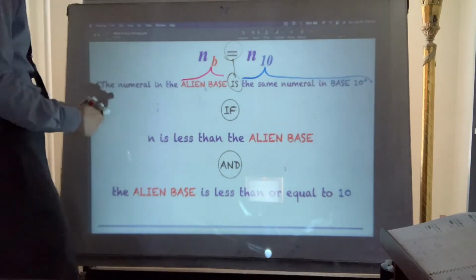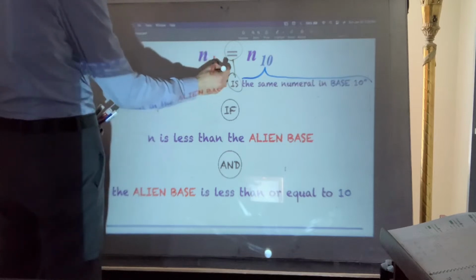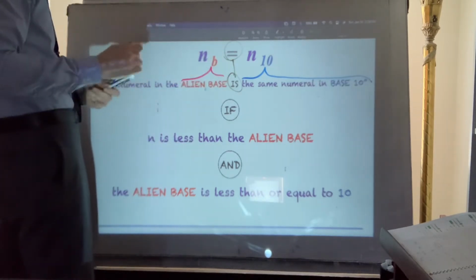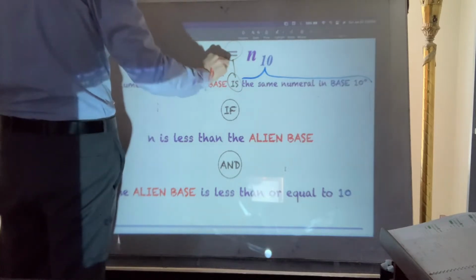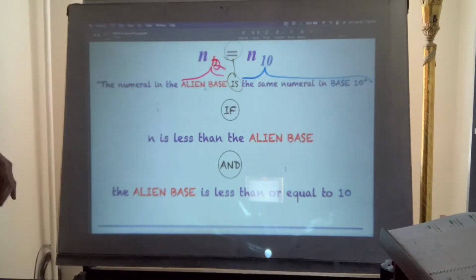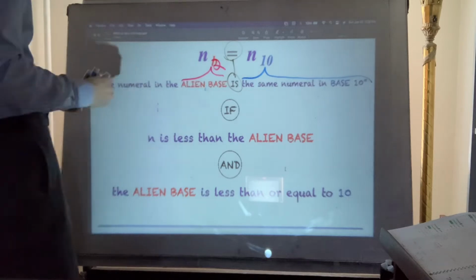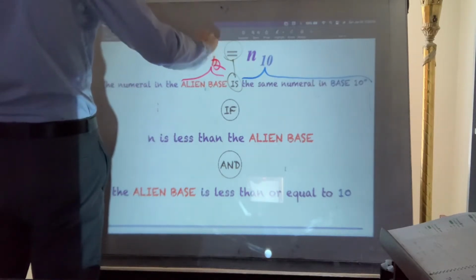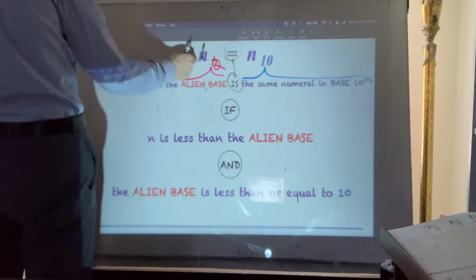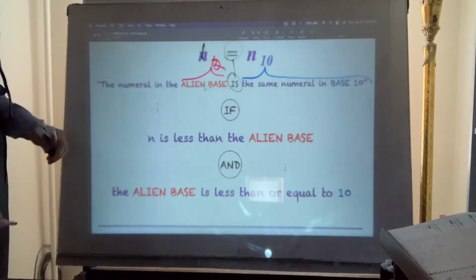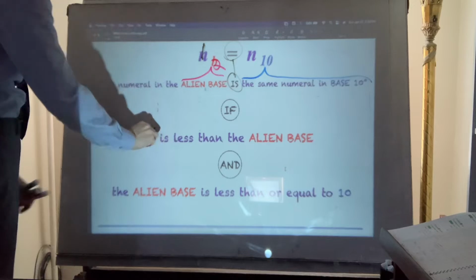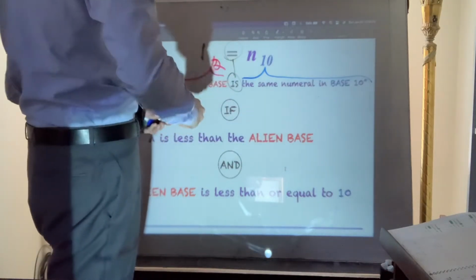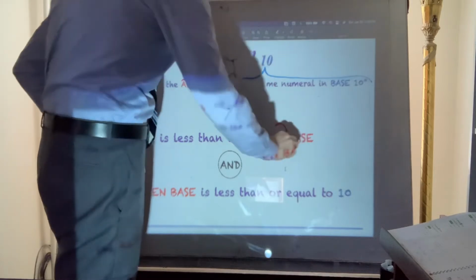So let's just do as an example base 2 here. If it's visible, I will use red. Let's say that this is base 2. And I'm going to put the number, let's just say 1 here. So the number 1 in base 2. So 1 is less than the alien base of 2. Right?